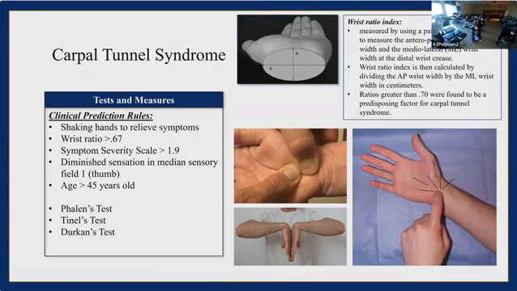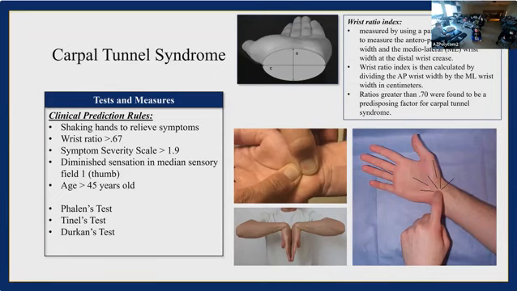The wrist ratio index, that picture on the top, is looking at the diameter of the wrist in an AP manner, as well as a medial to lateral manner. So it is calculated by dividing the AP wrist width by the medial to lateral wrist width in centimeters, and you get a ratio.